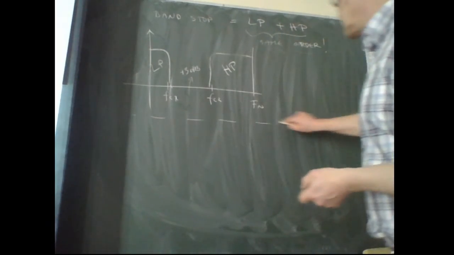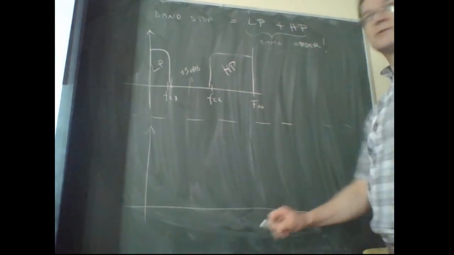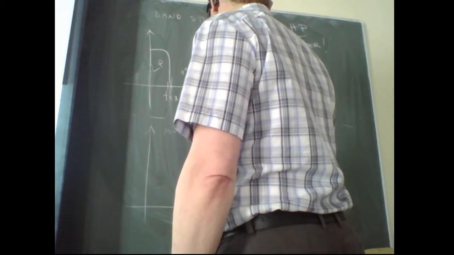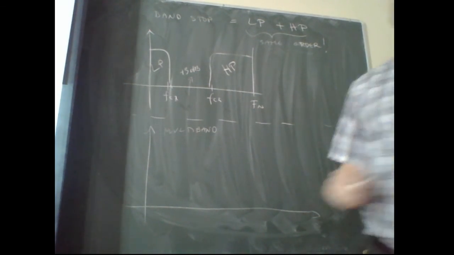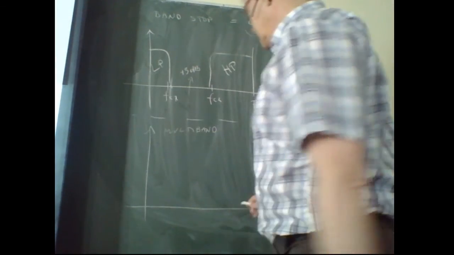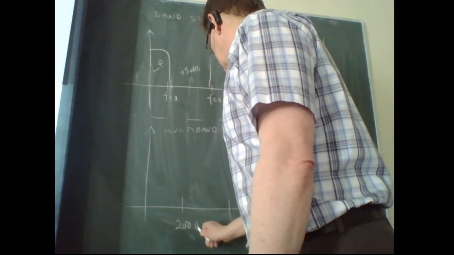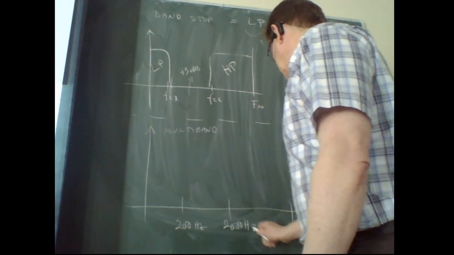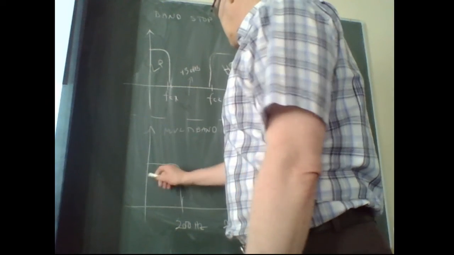Just a curiosity, of course we can have multi-band filters, like the equalizers. For example, 200 Hertz, 2000 Hertz. That's the Nyquist rate. We might have 3 different bands.